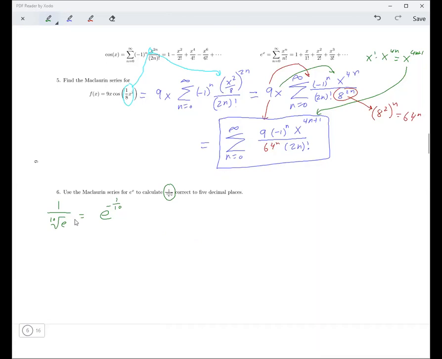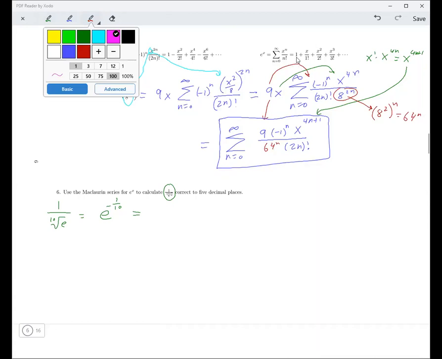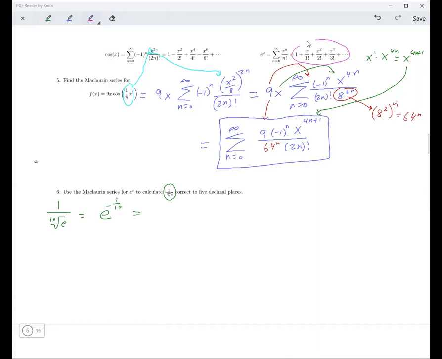So 1 over means that's going to be negative, and the 10th root is 1/10. So in this case, you want to use this format right here.